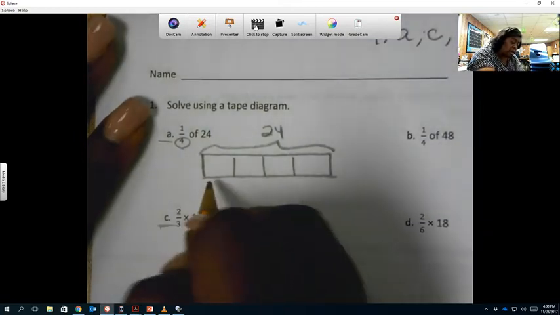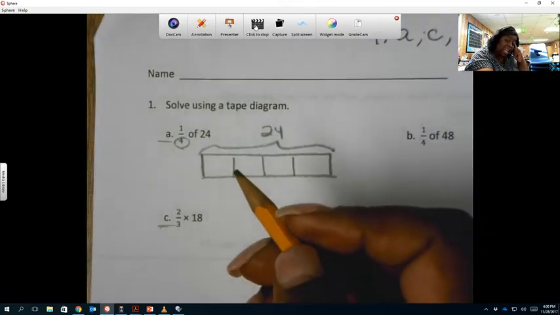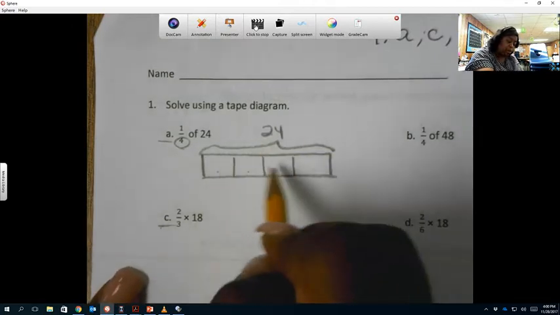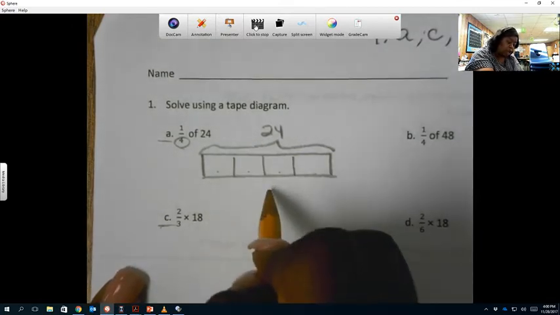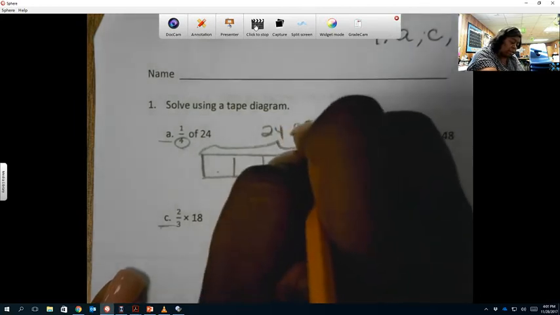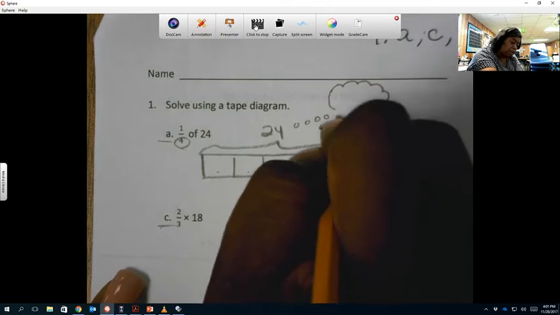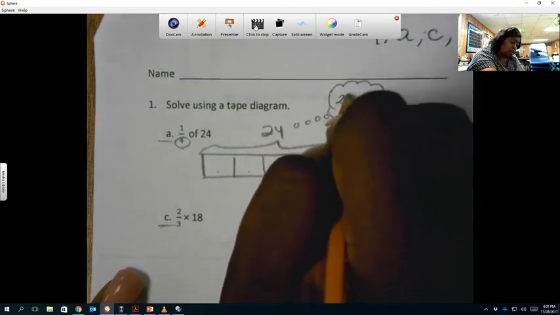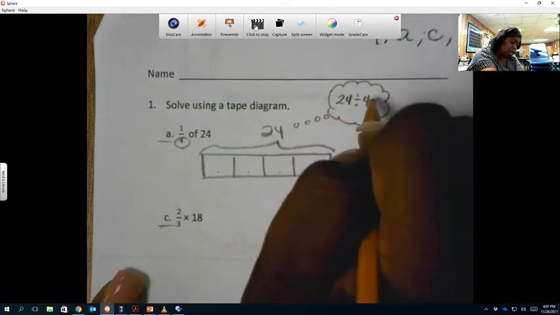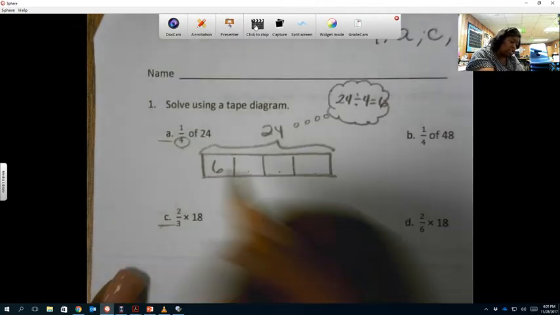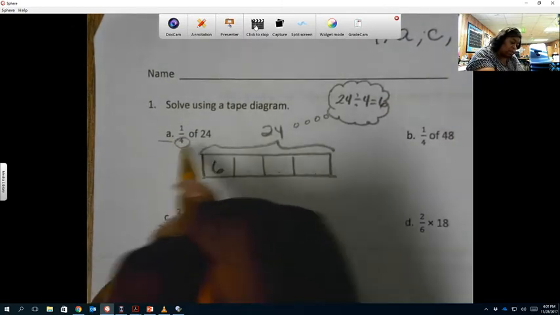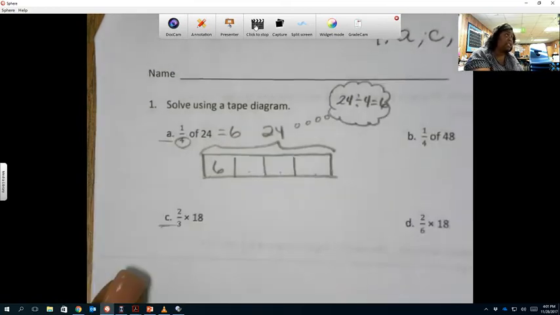If I have 4 equal units and I have 24 total, what problem am I going to solve to tell me how many are in each unit? Well, I'm thinking 24 divided by 4 equals 6. So each unit would be 6. So 1/4 of 24 would be 6.